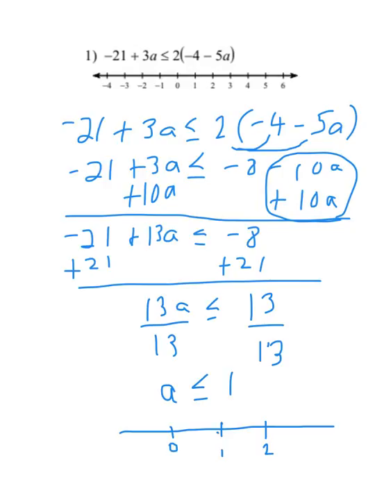Make it dark. And this time I want to graph the numbers that are smaller than 1. So that means I'm going to be graphing over here. All of these numbers are smaller than 1. So those are the solutions. Okay, that's how you solve and graph an inequality.